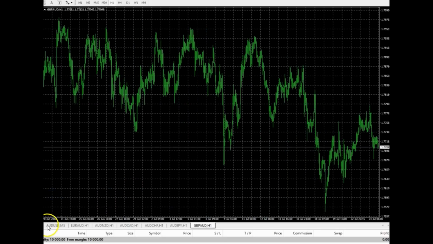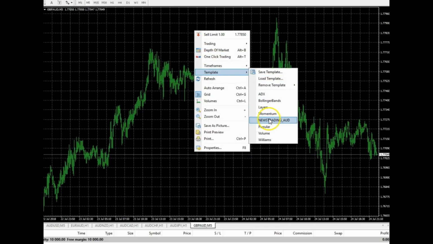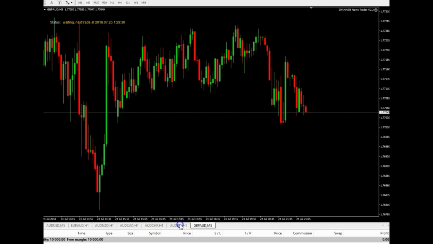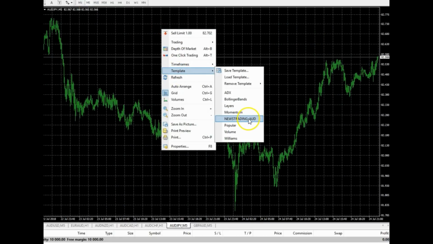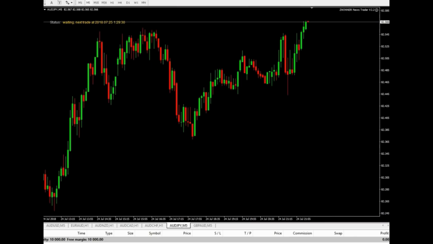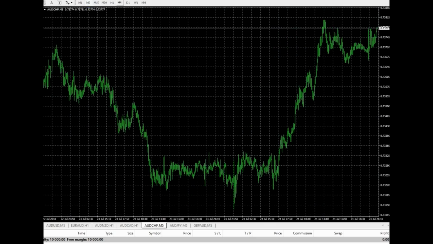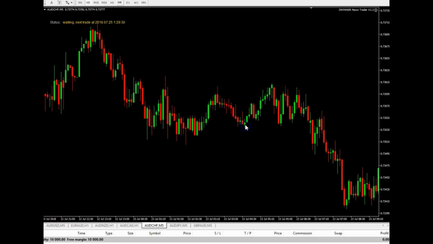Now we have 1, 2, 3, 4, 5, 6, 7, all 7 pairs. So what we'll do is change the time frame to 5 minutes and apply the template. The template is news trading AUD. And then for the other one, change the time frame to 5 minutes, template AUD NZD. Then we have another one, go to 5 minutes and right click, template, news trading.